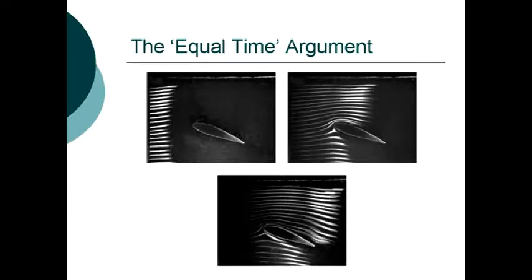What I want you to do, first of all, in real time, is see if you can tell whether the particles on the top or on the bottom reach the trailing edge sooner or later, or whether they reach it at the same time. I have no idea how clear that is. But I think you might suspect that when we reach the trailing edge, we don't have the same time.